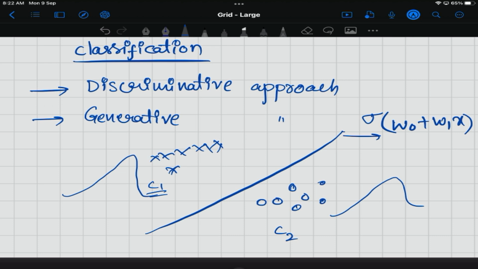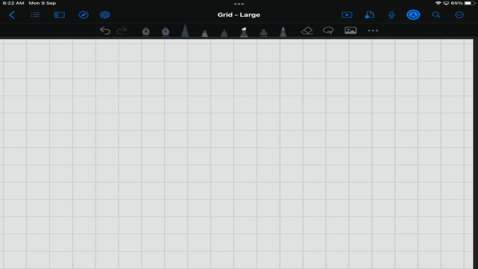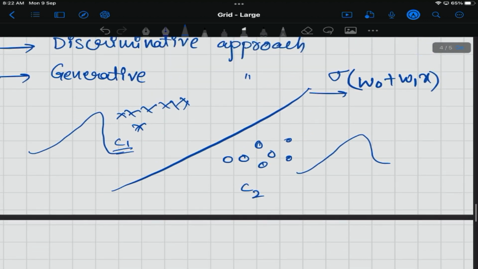Do you agree with that? I will not focus on learning this decision boundary anymore. If I learn these two, automatically I may learn the decision boundary, but I'm not parameterizing the boundary and learning its parameters.